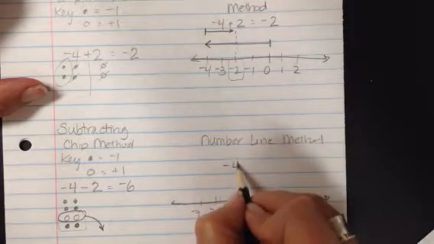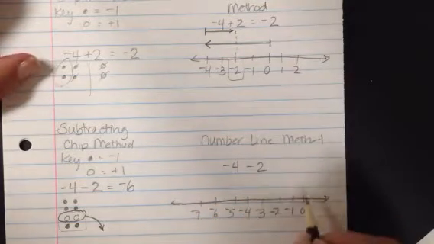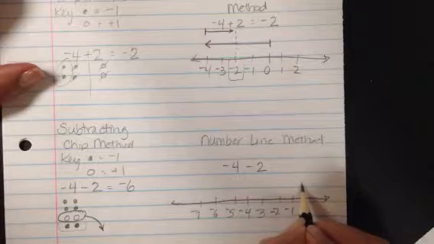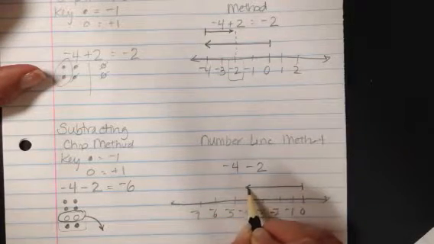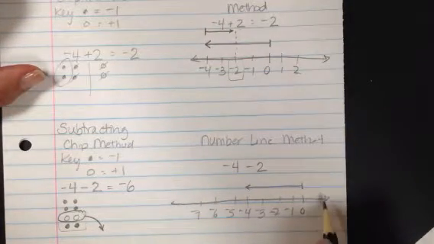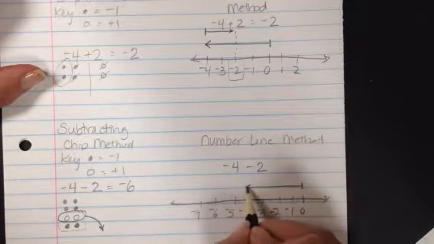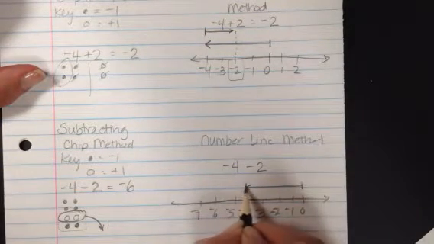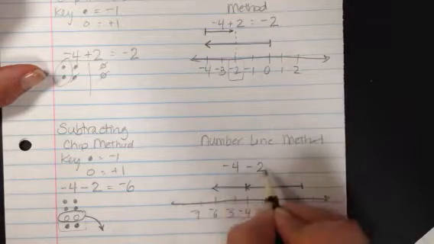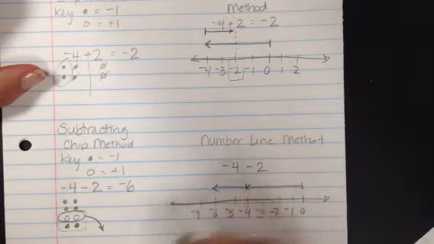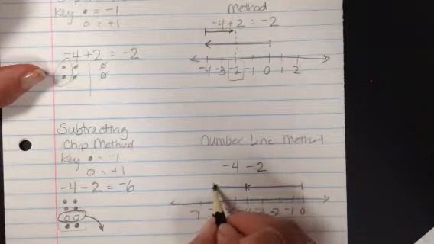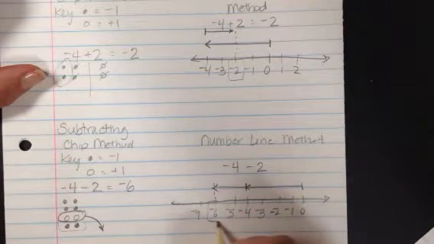If I have -4 minus 2, again, my first number has to start at 0. I'm going to go to the left. Minusing also goes to the left. So my next number has to go to the left too because that's what -2 means. I'm going to go to the left too. At that point, you can see what your answer is.